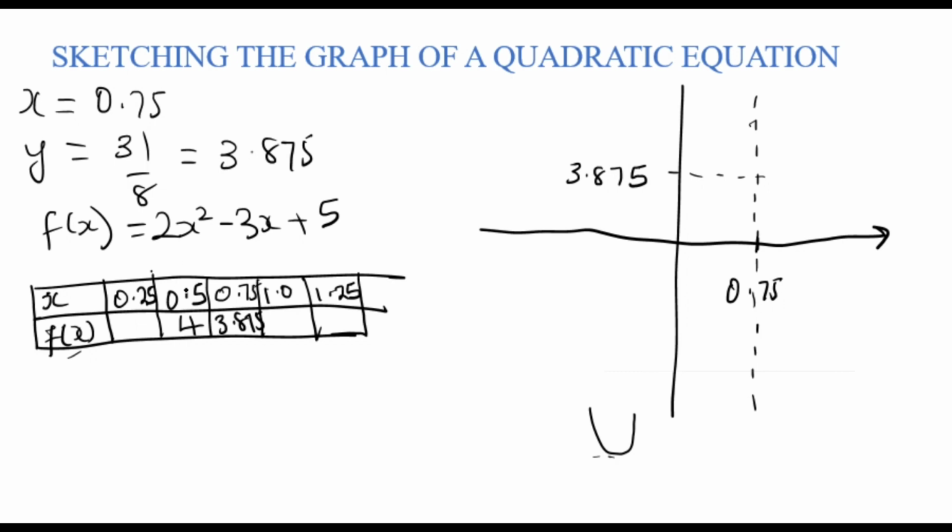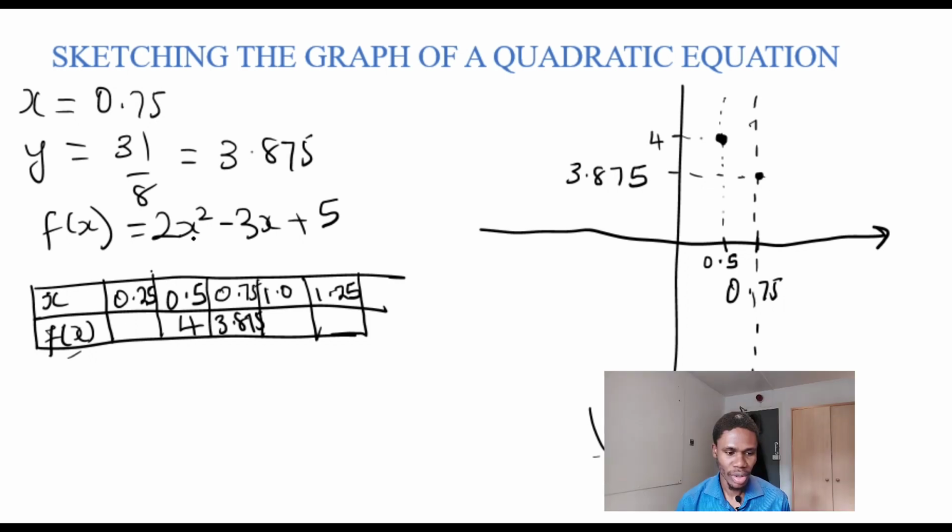So if x is 0.5, f of x is 4. So let's just call this 0.5, then 4. So this is 1 point. The turning point itself is part.